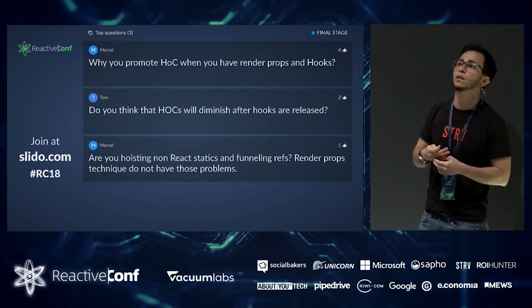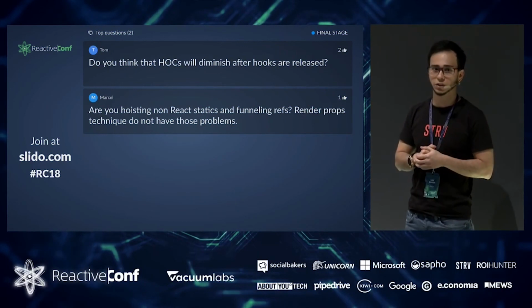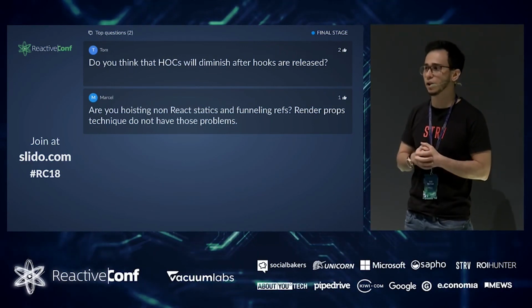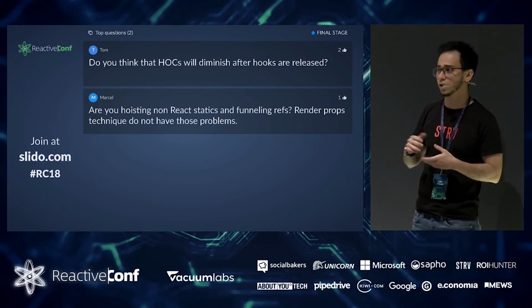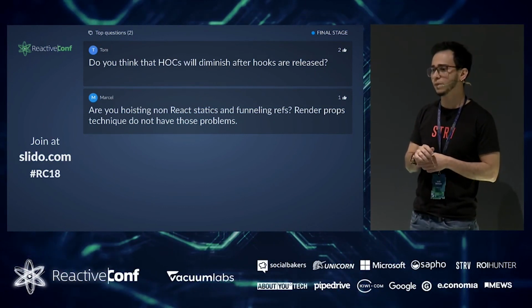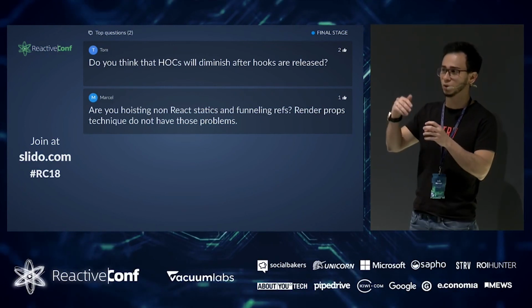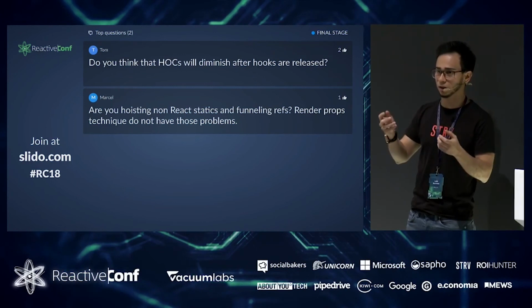And do you think? I do think that higher order components will become less used, but I'm thinking that there will be some sort of combination between higher order components and hooks. I'm not an expert in hooks, but I do like that higher order components are sort of like a dependency injection. You will be injecting the properties from outside the component.